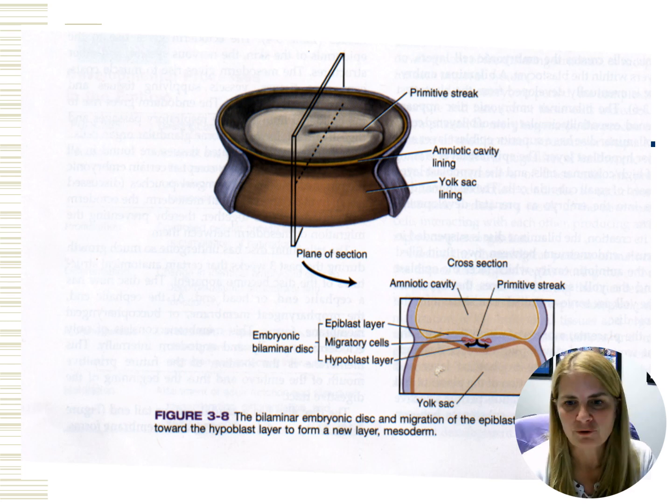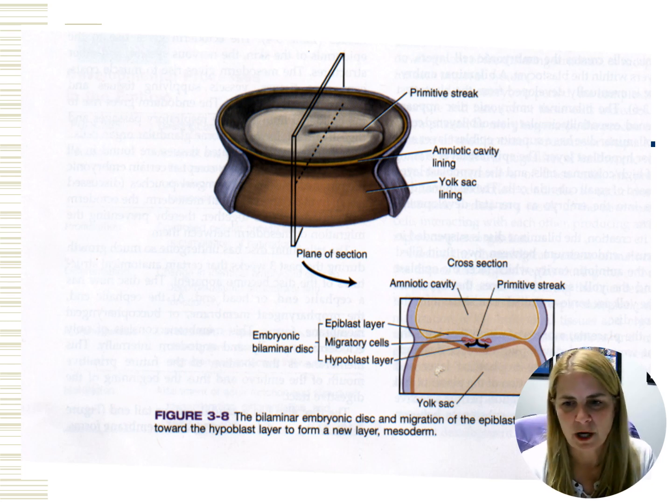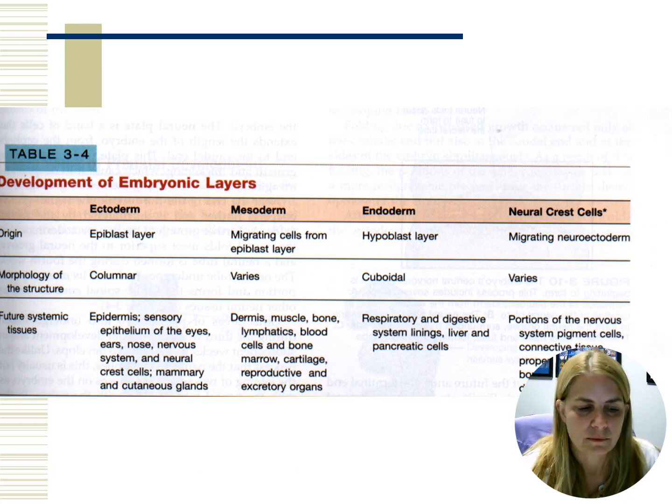So we've got some migratory cells in this picture that are working on the primitive streak, and those are all going to develop into the three separate germ layers: the ectoderm from the epiblast, the mesoderm from the migratory cells and the mesenchyme and the neural crest cells, and then the endoderm coming from the hypoblast layer. And it's going to go from an embryonic bilaminar disc to a trilaminar disc with three layers.